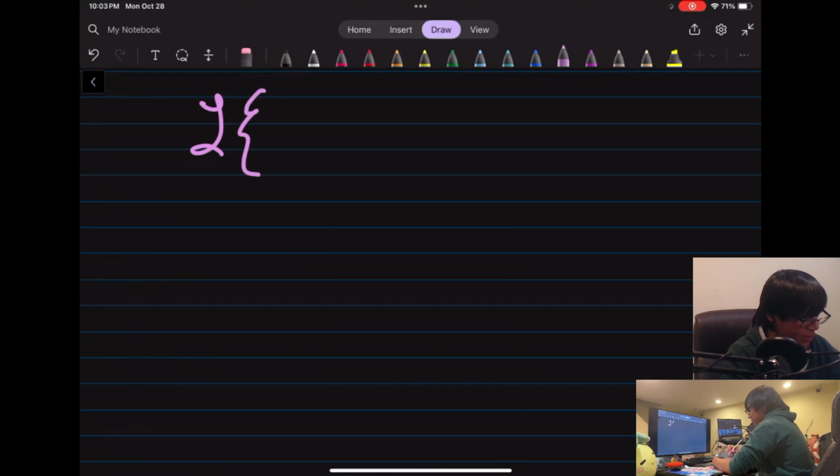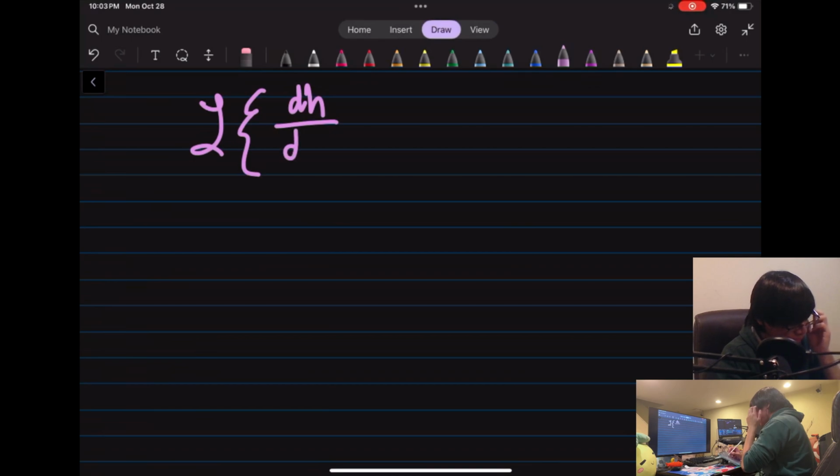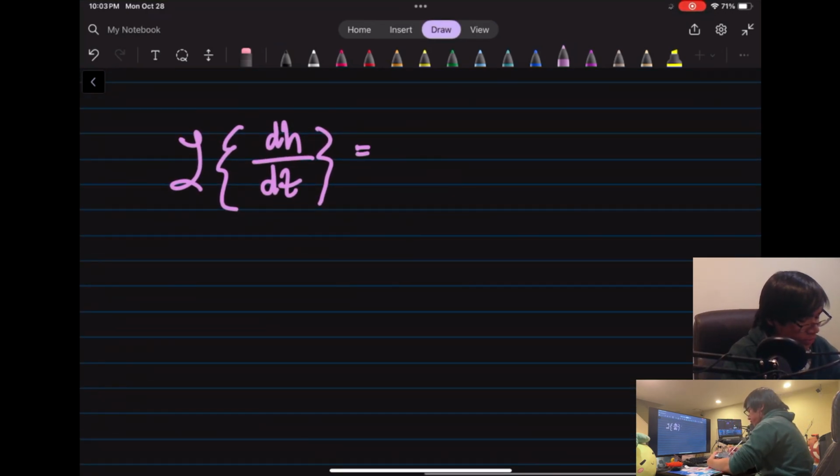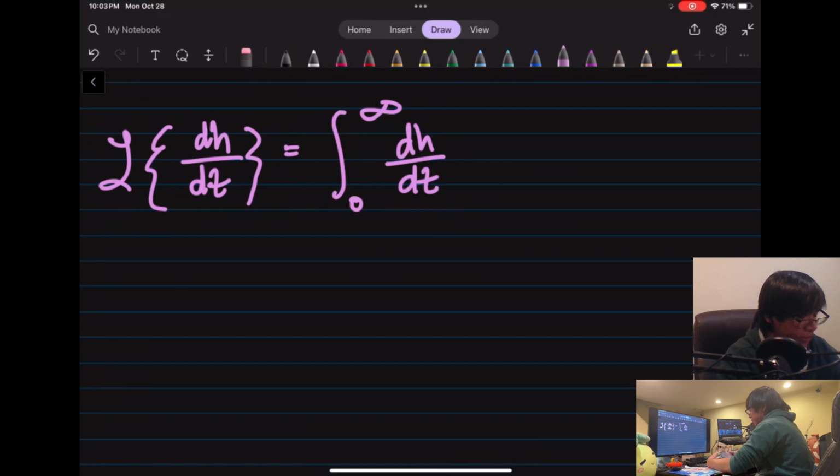We have the Laplace of a function, or our derivative with respect to time.